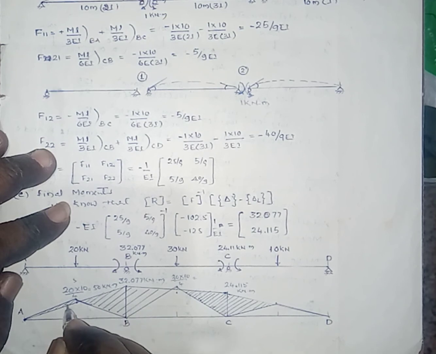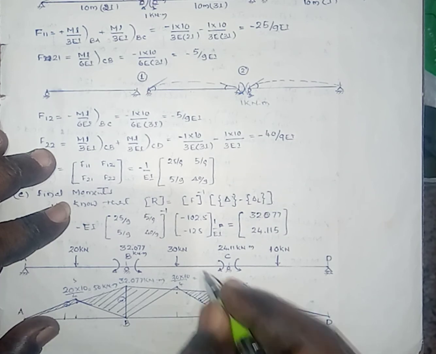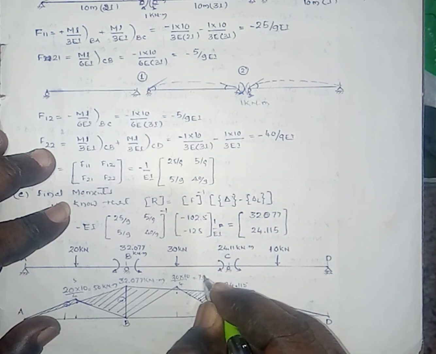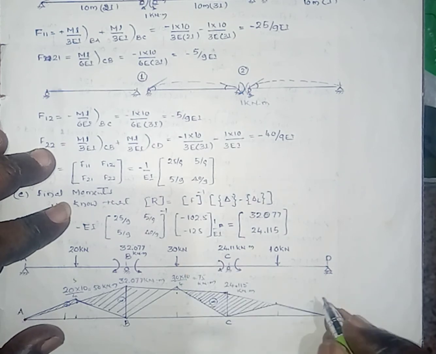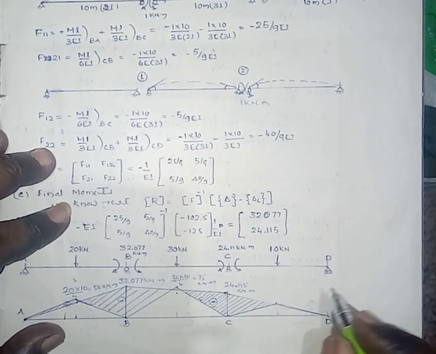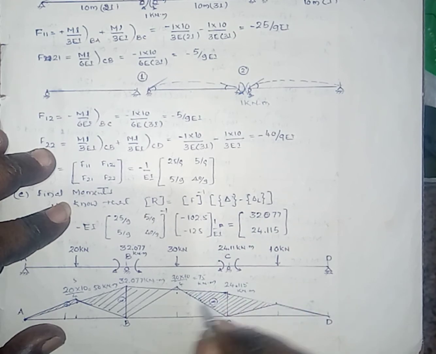Here this one is positive bending moment, this one is negative bending moment. At the center it is positive, at the support it is negative. Then this one is 75 kilonewton meter. That is below the point load the bending moment is maximum, the magnitude of that one is 75 kilonewton meter.